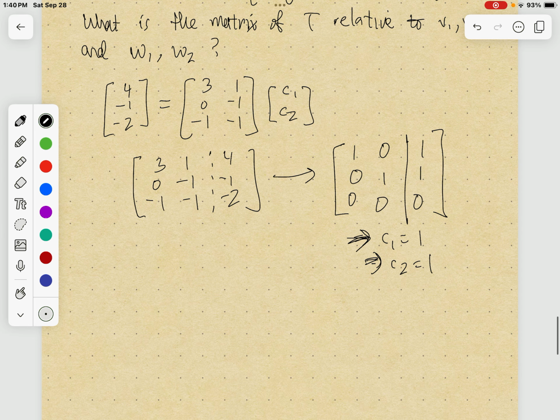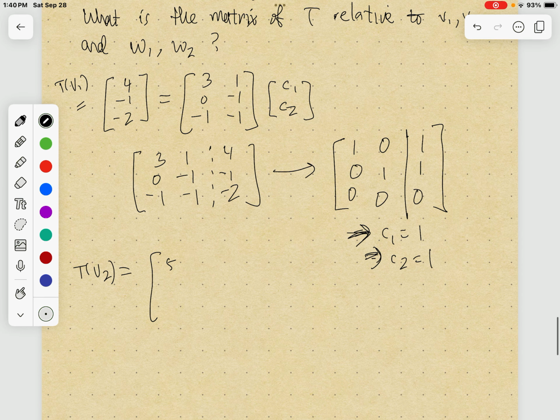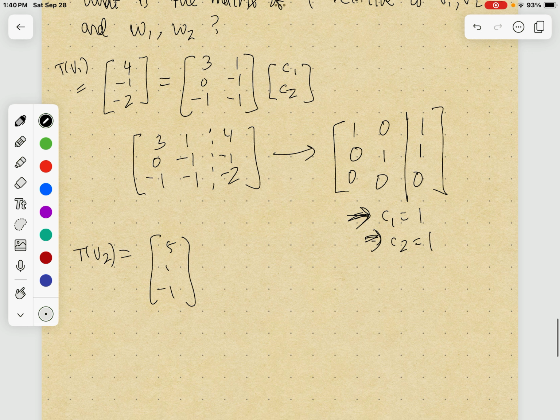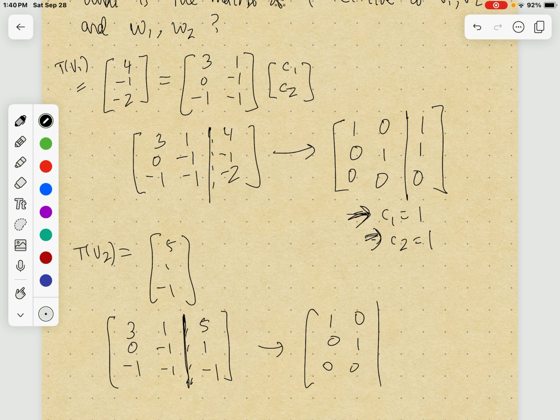Okay, now let's do the same thing for T of V2. So this was T of V1. Okay, T of V2 is, what was it? 5, 1, -1. And again, we can just do the same thing with the augmented matrix. When you row reduce, you're going to get 2, -1, 0.